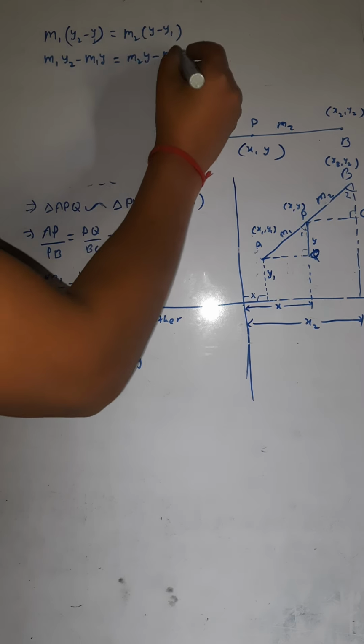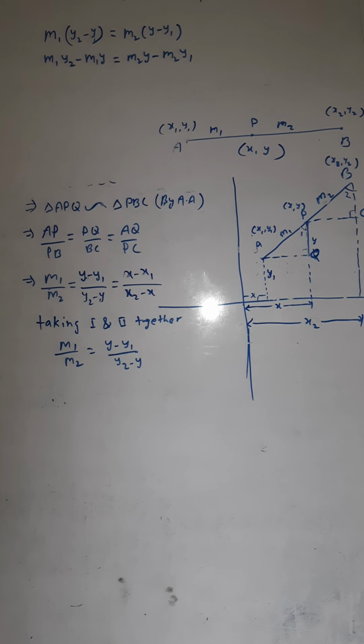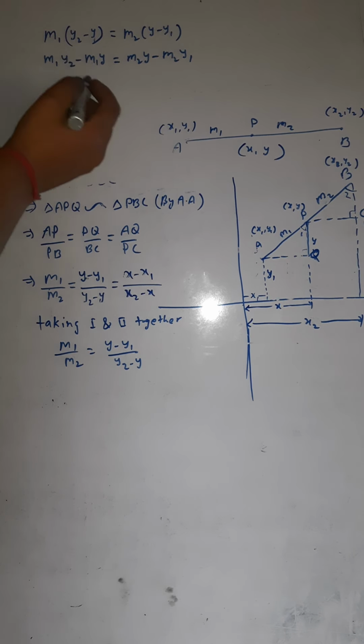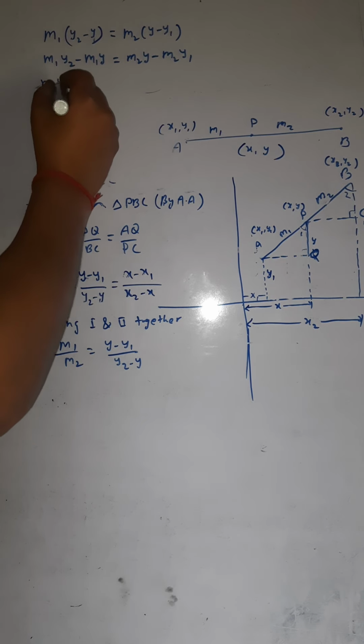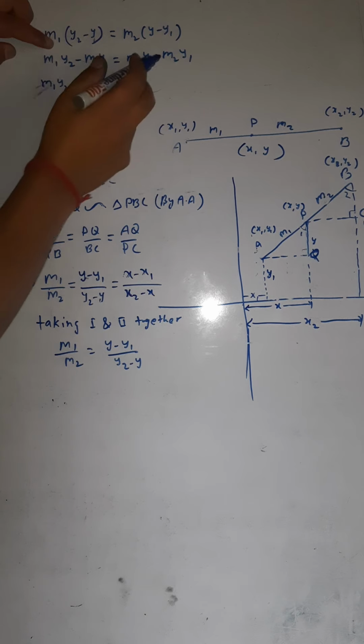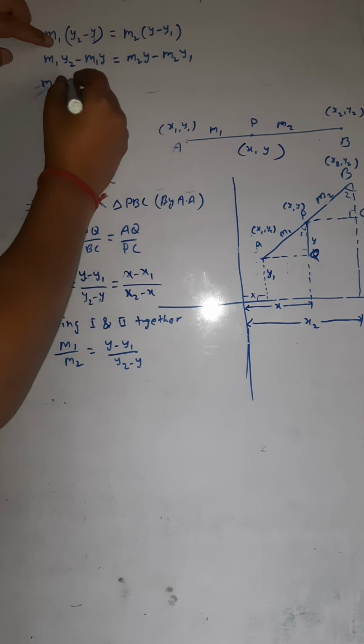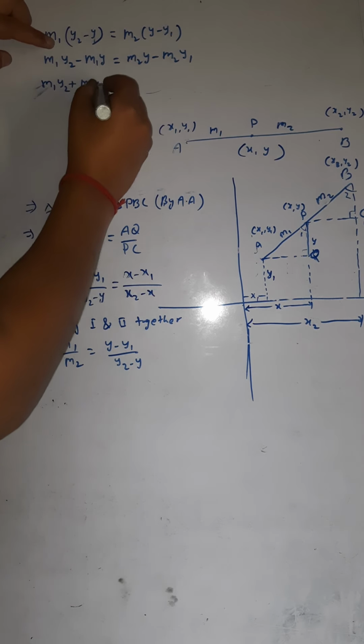Now keep y and y together, and y1 and y2 keep here. So this minus M1 y will go there, and this minus M2 y1 will come here and become plus. So it will be M1 y2 plus M2 y1.